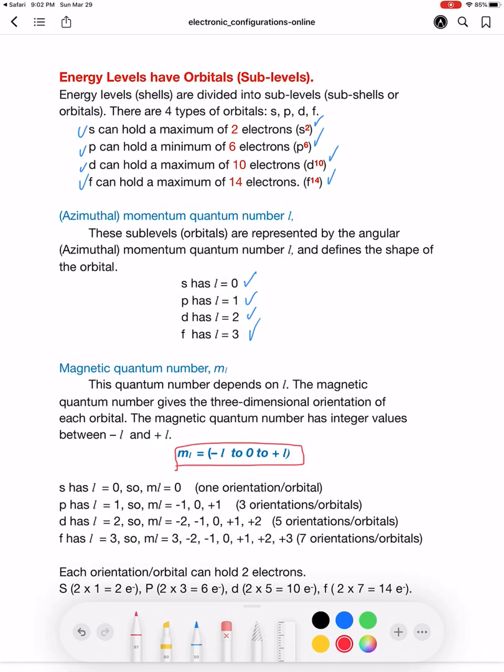For example, let's take the orbital p. p has l equal 1, so ml would go from minus l, which is minus 1, to 0 to plus 1. So we have 1, 2, 3 orientations, or 3 orbitals. And you do the same for the others. Okay? So erase these before I move on to the next one.